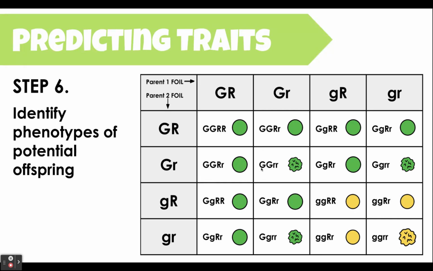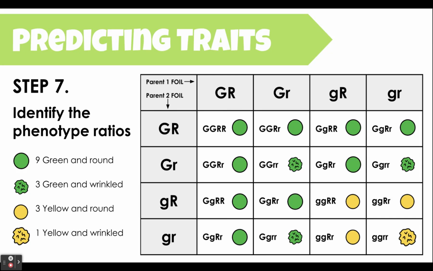In this one here, we have big G for green, but we have little r's, so that means it's going to be wrinkled in shape. Over here, we have recessive in color, so we have the yellow color, but we're dominant for shape, so it's round. This is the only one that is fully recessive. It's recessive for color, so it's yellow, and recessive for shape, so it is wrinkled.